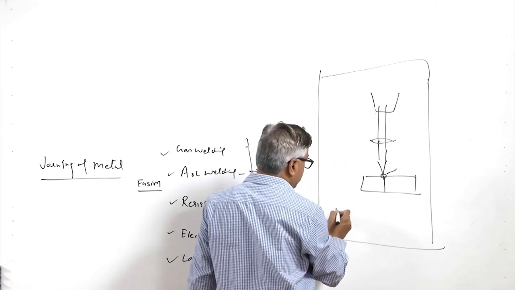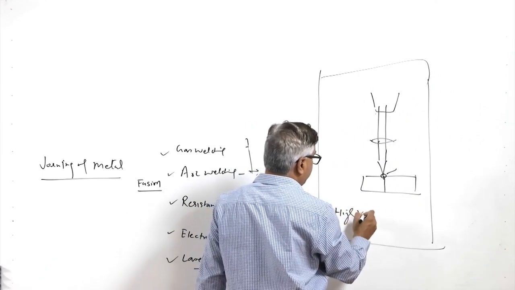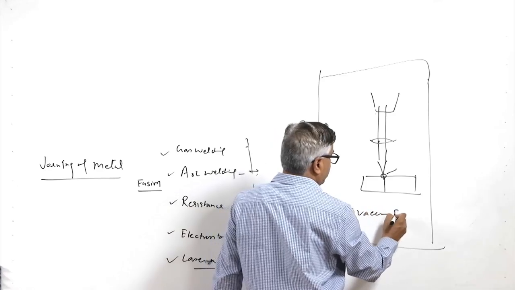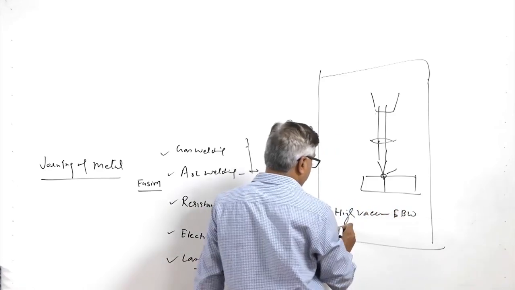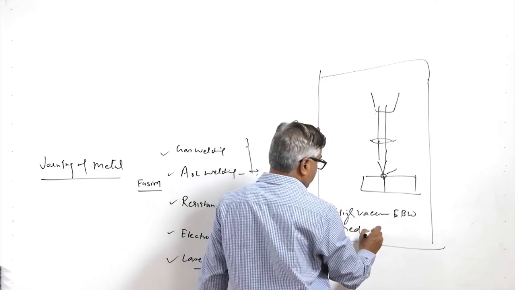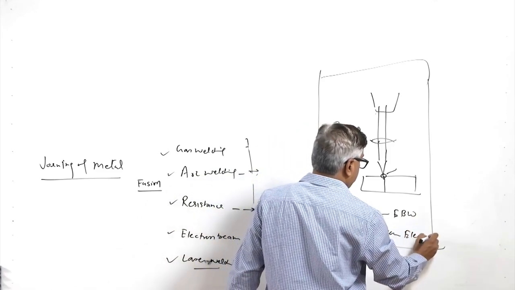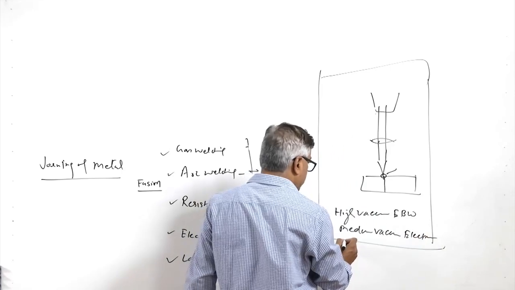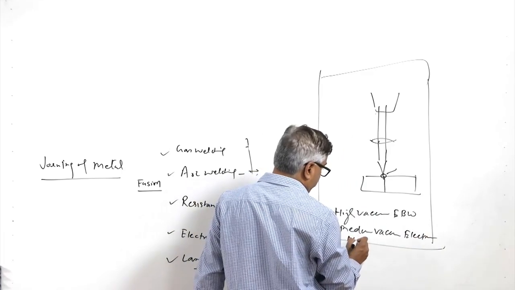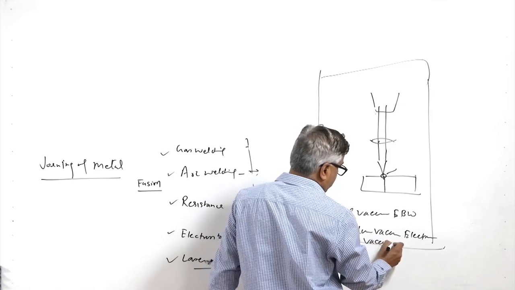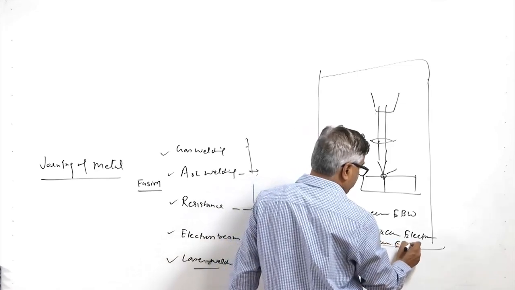So, basically there is high vacuum electron beam welding, medium vacuum electron beam welding, or no vacuum electron beam welding.